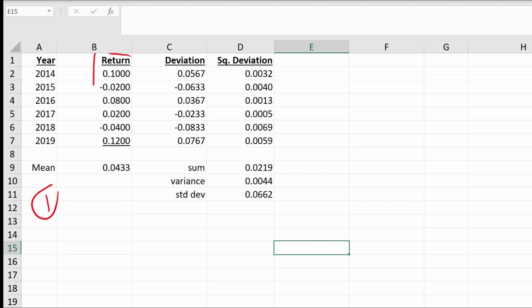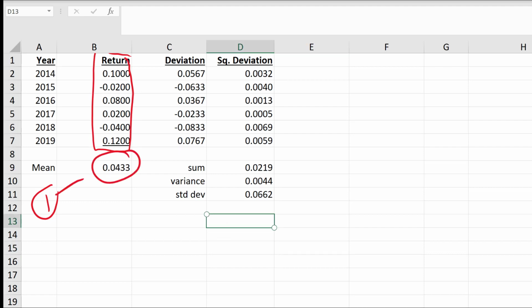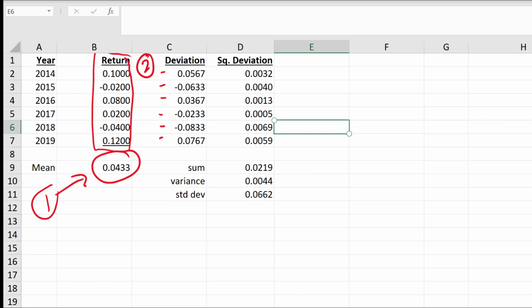So we took the series of return observations, added them up, and divided by 6. That gave us the mean. Second, we went observation by observation and computed the deviations, the value of the return for a given year minus the mean, so those are the deviations from the mean.